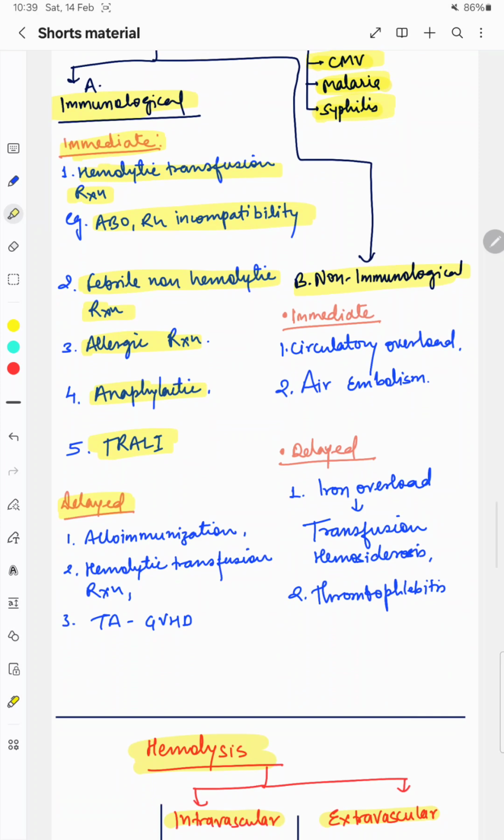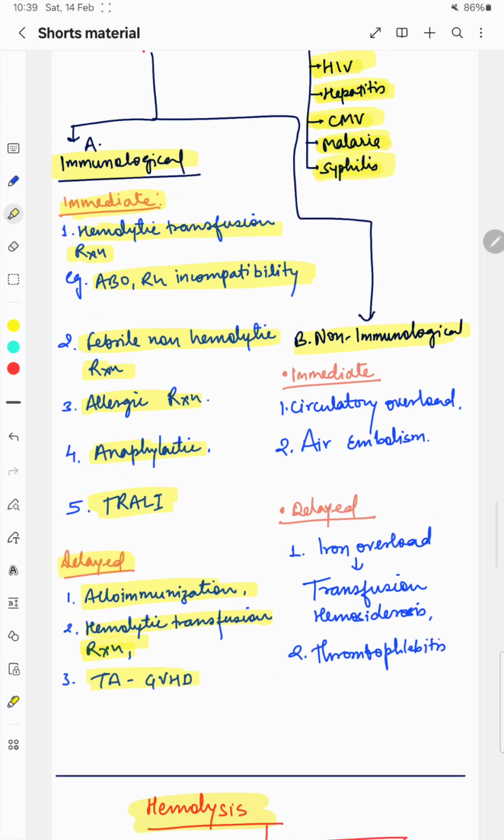In delayed immunological transfusion reaction, there is alloimmunization or hemolytic transfusion reaction, and transfusion associated graft versus host disease.